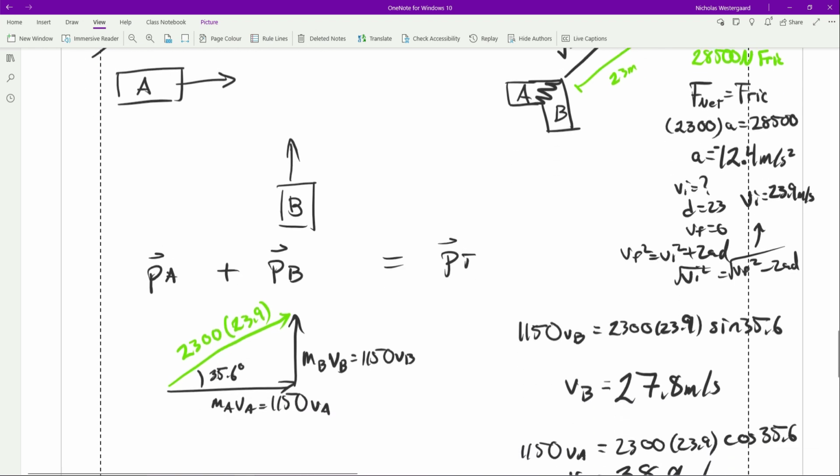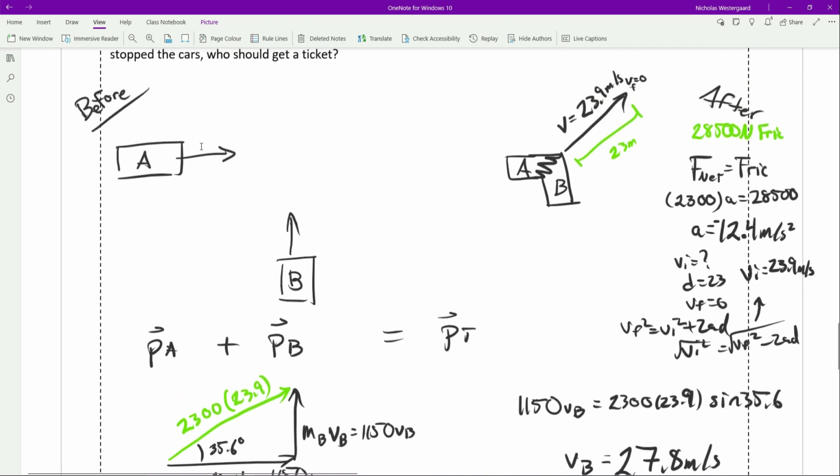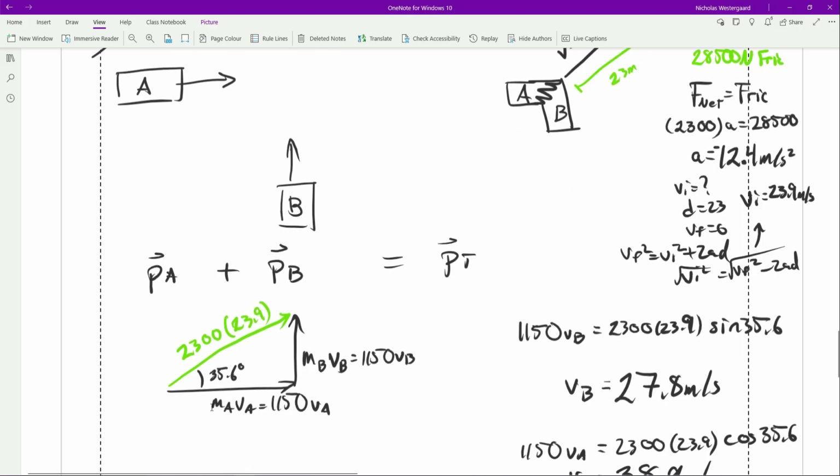A is the only one that provided x component, so the momentum of A will be the x component of this vector, and B is the only one that's providing y component, so the momentum of B would be the y component, because the addition of A and B should equal the total momentum.